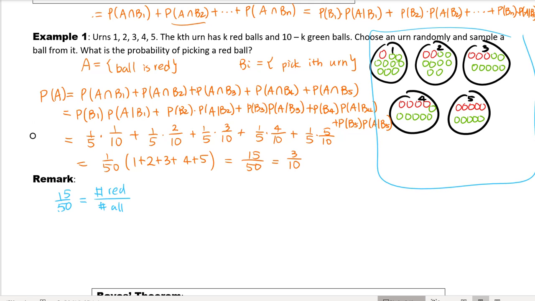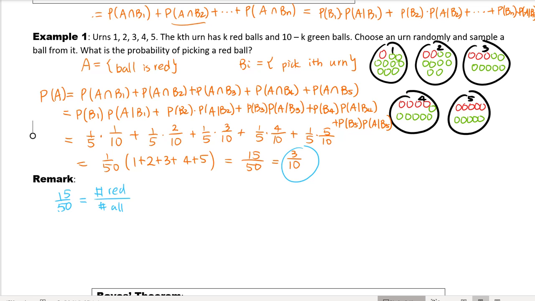Here we have 5 urns, and each of them has 10 balls, so the total number of balls is 50. And you can see how many red balls there are: 1, 2, 3, 4, 5, 6, 7, 8, 9, 10, 11, 12, 13, 14, 15. So that's why our answer equals the number of red balls over the number of all the balls.